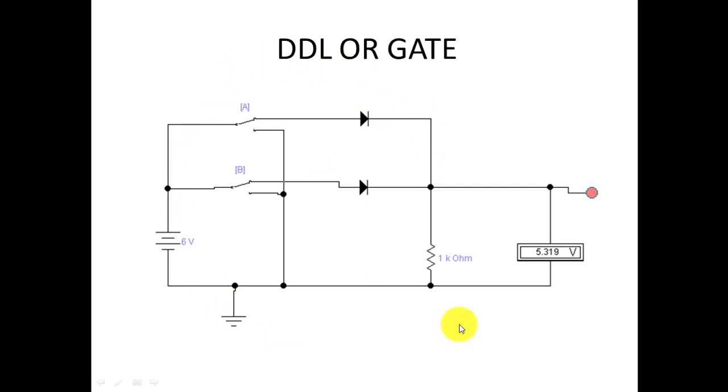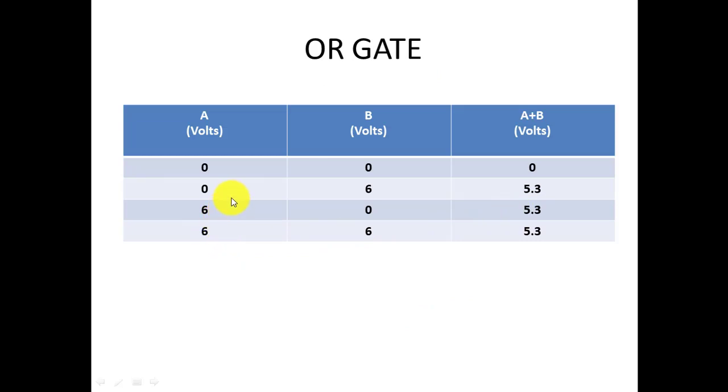So it was the circuit that we built in Electronics Workbench, and we checked that whenever we apply 0 voltage on A and B, the output will be 0, and when we apply 0 on A and 6 volt on B, we will get 5.3 as our output, and when we apply 6 at A and 0 at B, we will get 5.3 on the output, and when we apply 6 and 6 as logic high on A and B, then we will get 5.3 volt as our output.